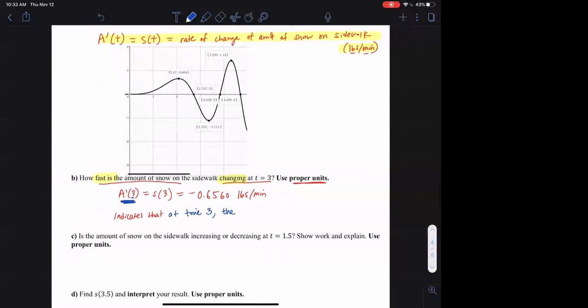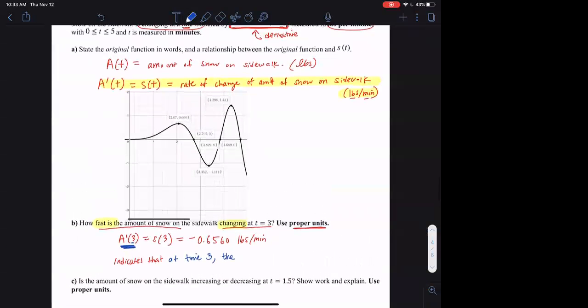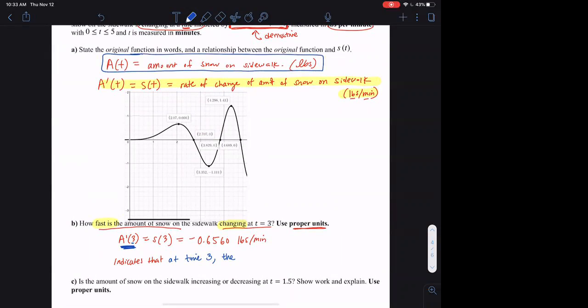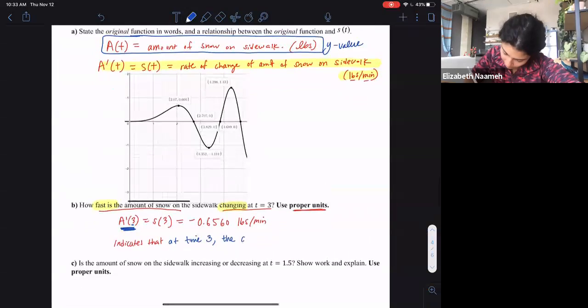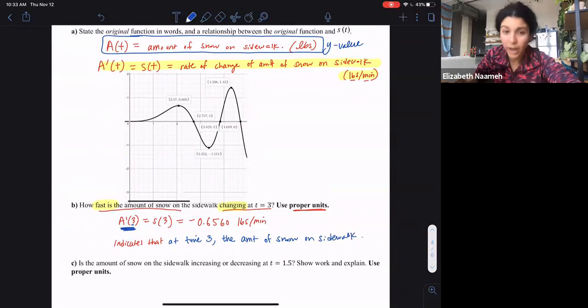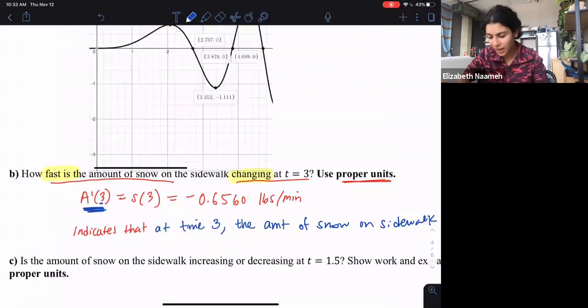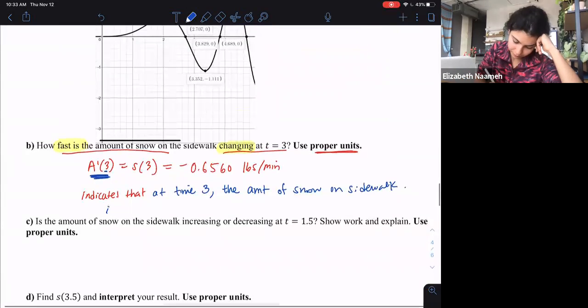What's the y value? Label it on your paper if you like. That's the y value. The amount of snow on the sidewalk is what?